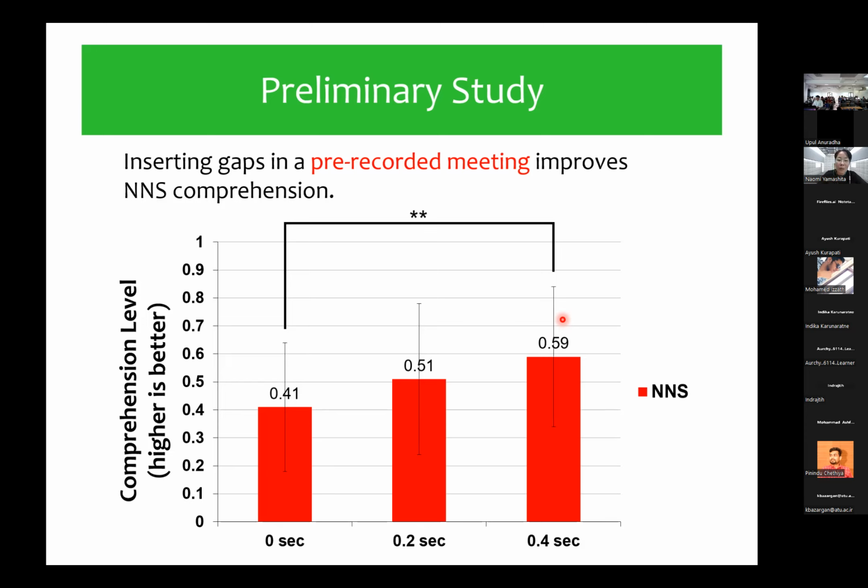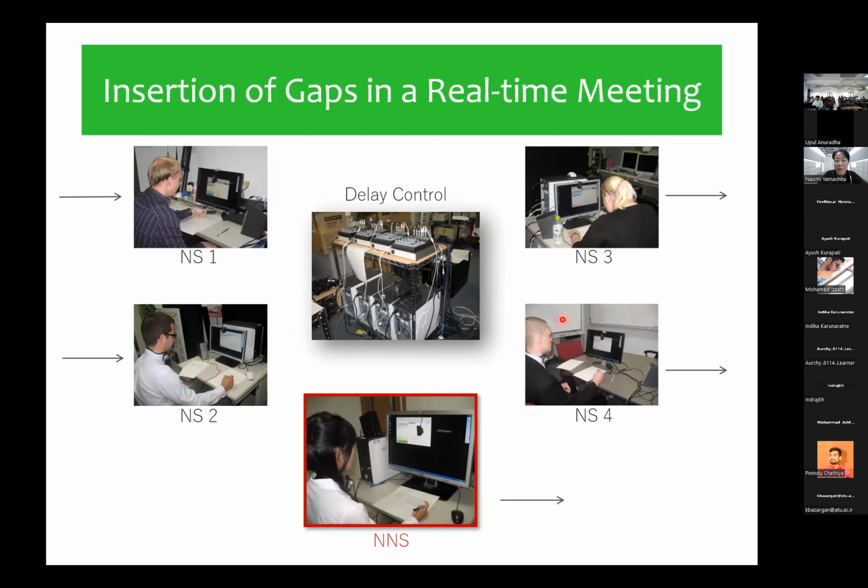Now you might be wondering how you are going to do this in real-time meetings, right? So here's what I did. I implemented a delay control system, which inserts artificial delay only in between native speakers' speech. So here's how it goes.